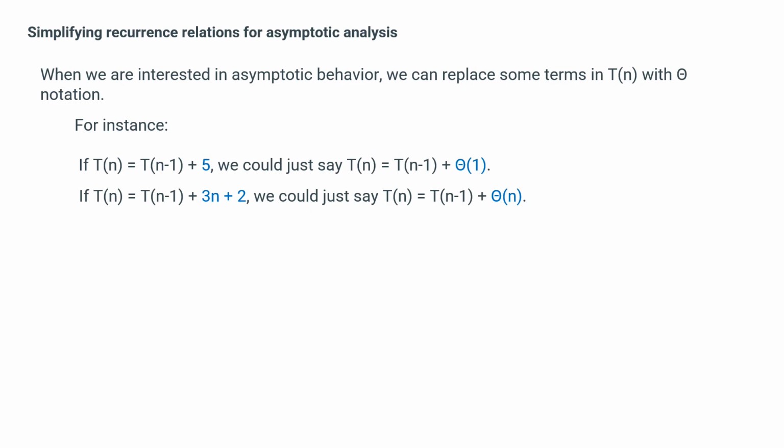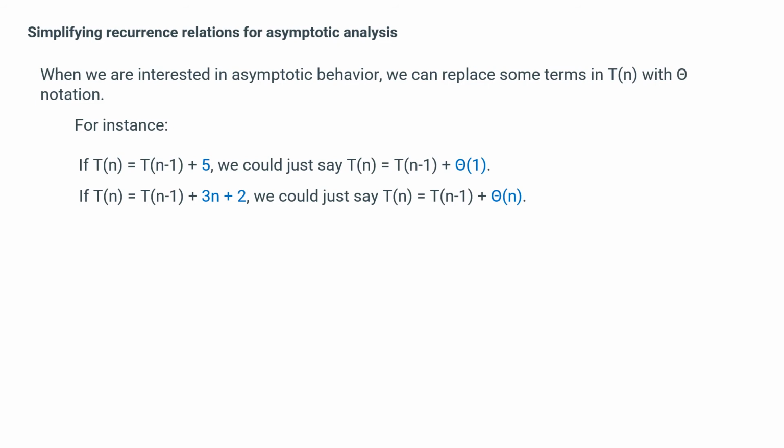For the second example, besides the T of n minus 1, we have 3n plus 2. That little extra stuff, 3n plus 2, we would want to find the asymptotic behavior of, and that would just be theta of n, right? Because it's a polynomial and the highest degree of n is just plain n to the first, so it would be theta of n.